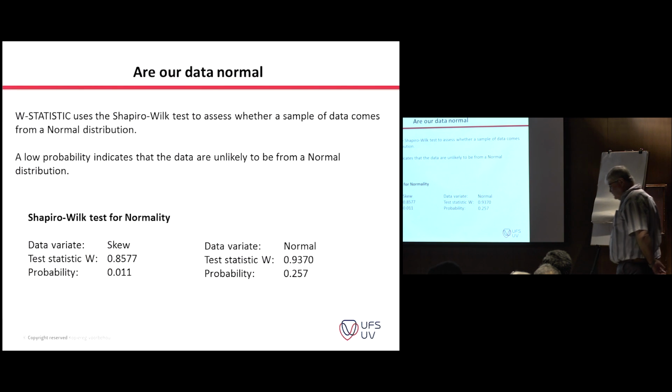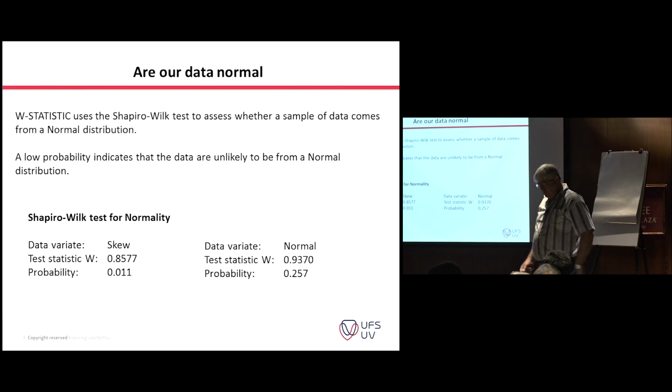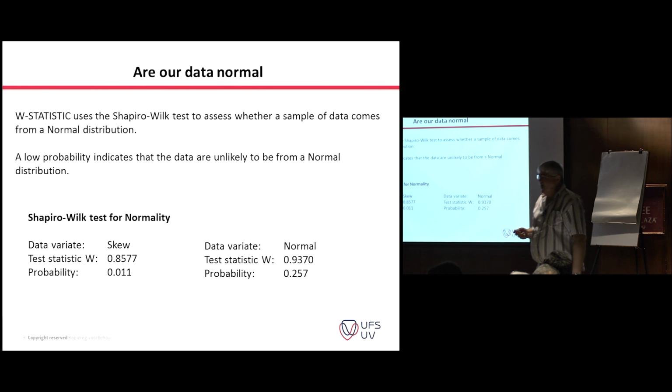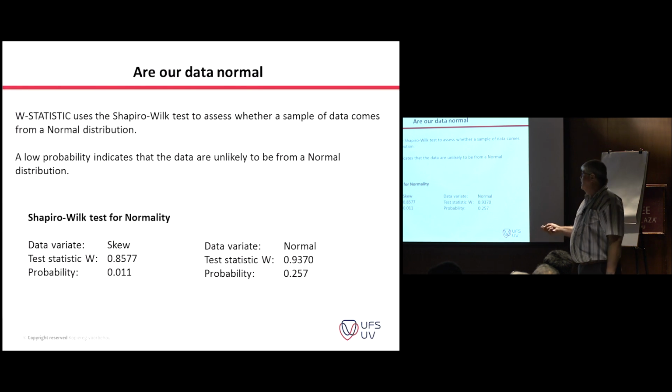Now, most of your stats programs have some kind of normality testing, and if I don't get through it today, I'll run an analysis of variance in GenStat tomorrow just to show you. One of the tests used quite often is the W statistic, the Shapiro-Wilk test, and that will assess whether the sample of data comes from a normal distribution.